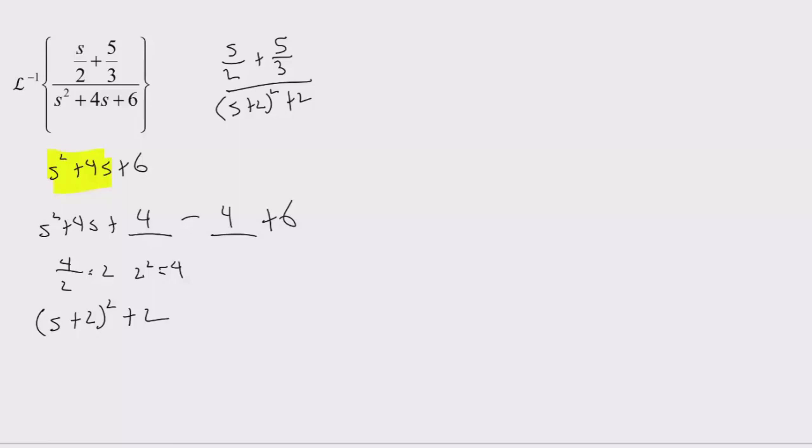So is there a way to rewrite s over 2 plus 5/3 so that it's something times s plus 2? So let's try that. What would I have to do here? I'd like it to say s plus 2 of some form, and I can see that I am factoring out that 1/2 part.